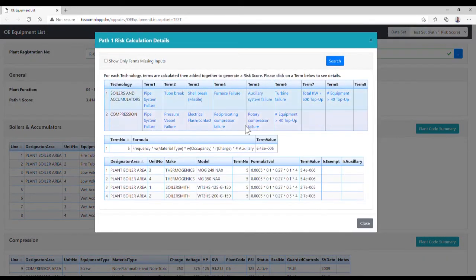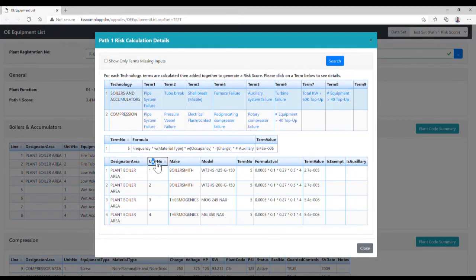So what we're going to do is, for this calculation, for each boiler, we're going to add on the risk of having those accumulators around. The way that the calculation works, it's sort of irrelevant how they're connected.